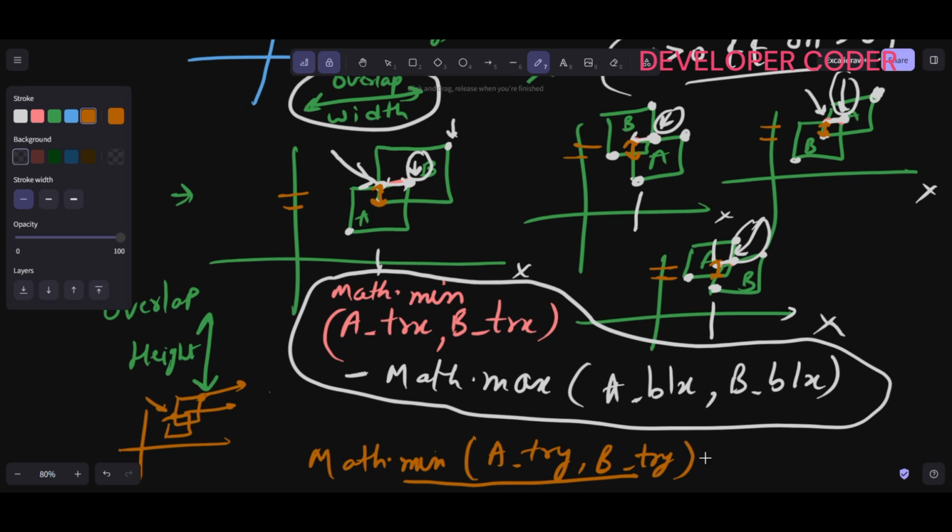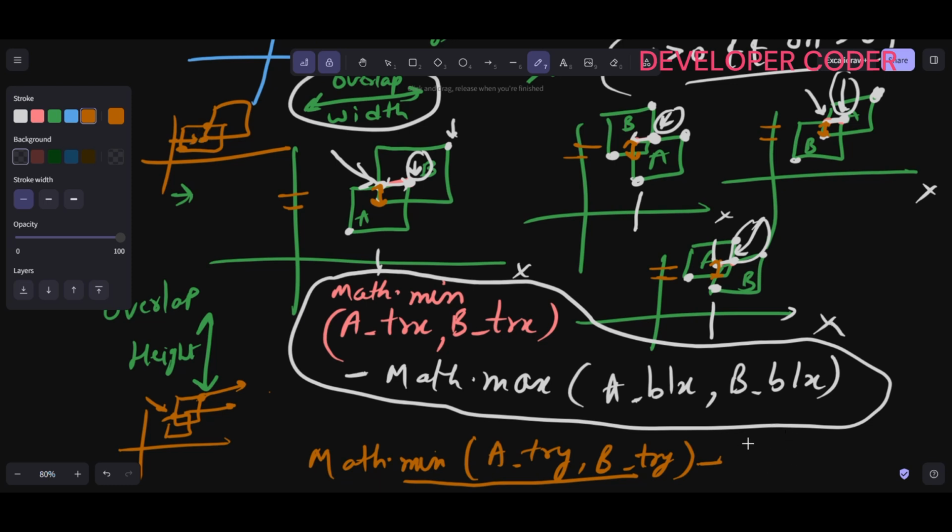In the same way, from this I need to subtract. Now, these two boxes are here, this and this. So now I have to find this point, and it is definitely going to come from the bottom. So I take the bottom of these two and the max among them, and I will get this point.